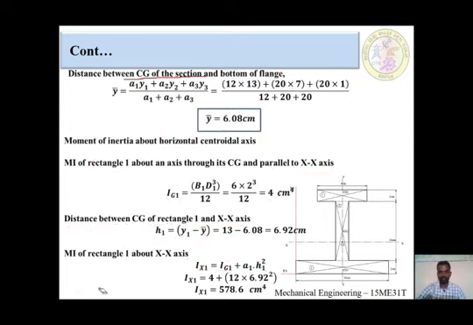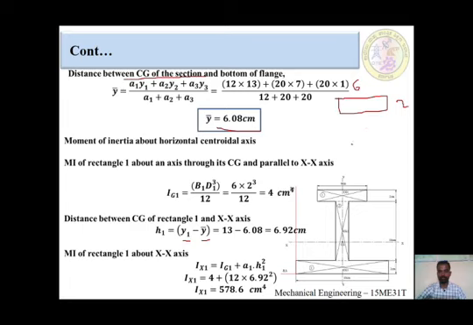First, this is the first component, having 6 centimeter and 2 centimeter. The y bar we got is 6.08 centimeter. The formula would be y1 minus y bar.